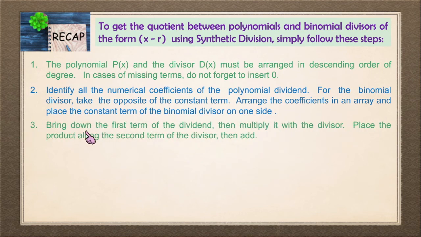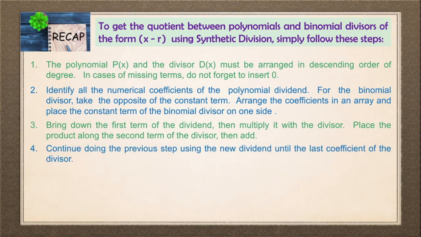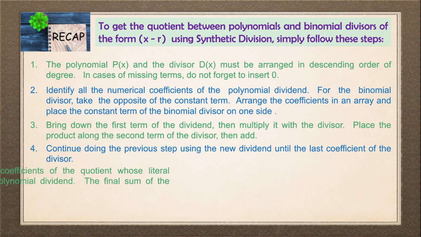Next, bring down the first term of the dividend, then multiply it with the divisor. Place the product along the second term of the divisor, then add. 4. Continue doing the previous step using the new dividend until the last coefficient of the divisor.